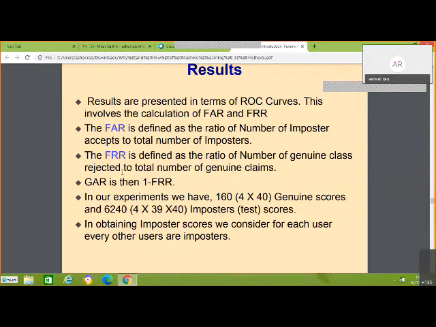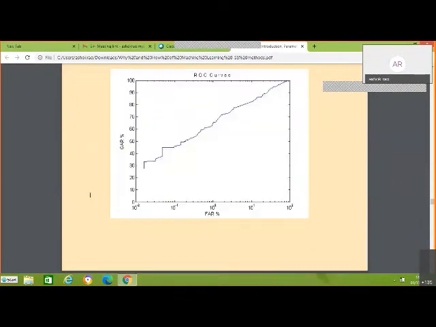This is a plot of false acceptance rate versus false reject rate. False acceptance rate is that a false face has been accepted as genuine. False reject means a genuine face has been rejected. Okay, both are wrong. So this is how it is.